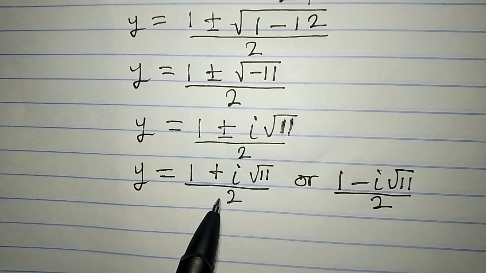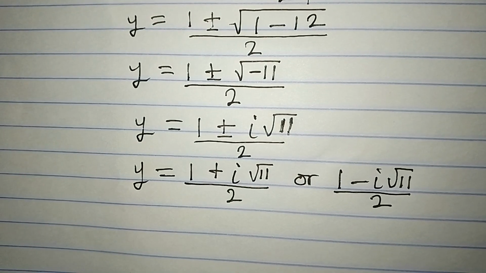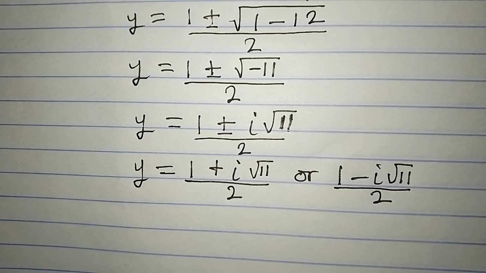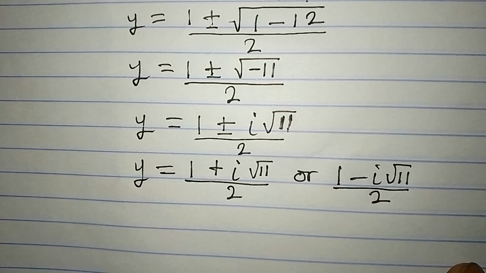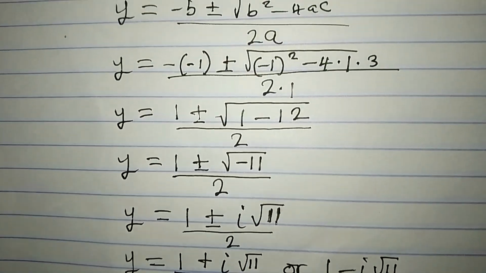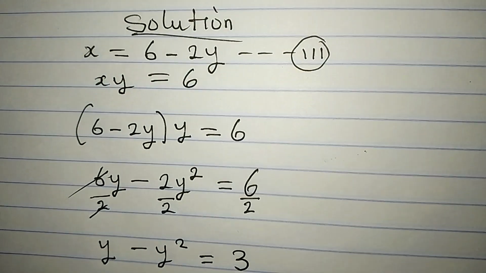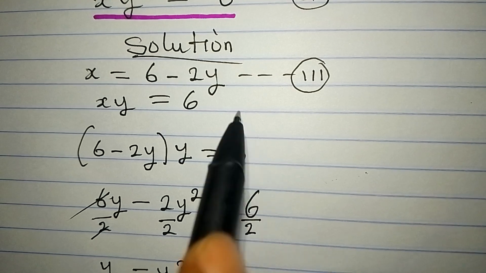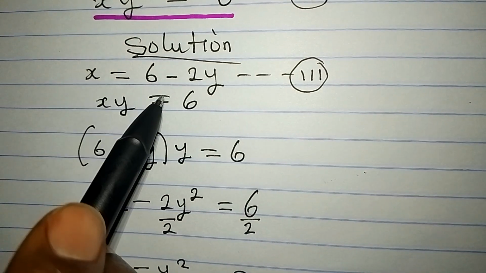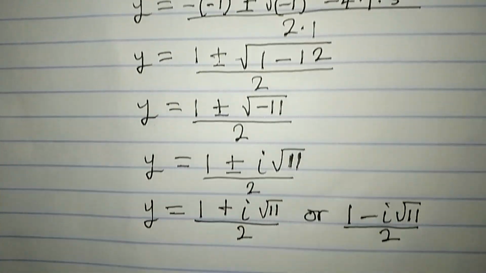So here we used the positive and here the negative. Now let's get the corresponding value of x, and that will lead us back to our equation 3, where we said x is equal to 6 minus 2y.